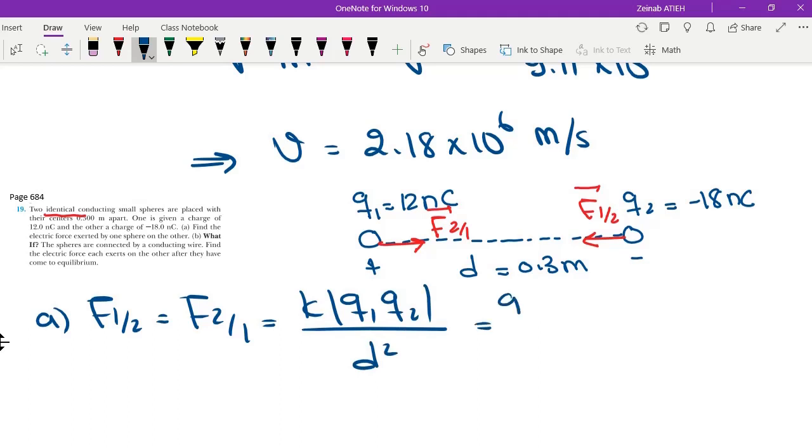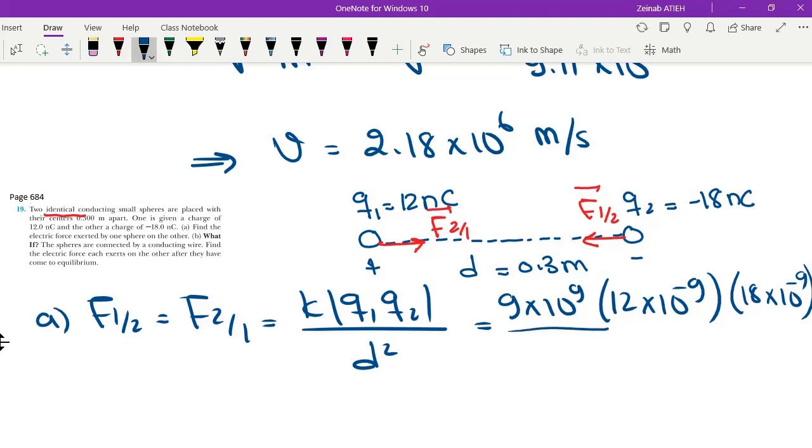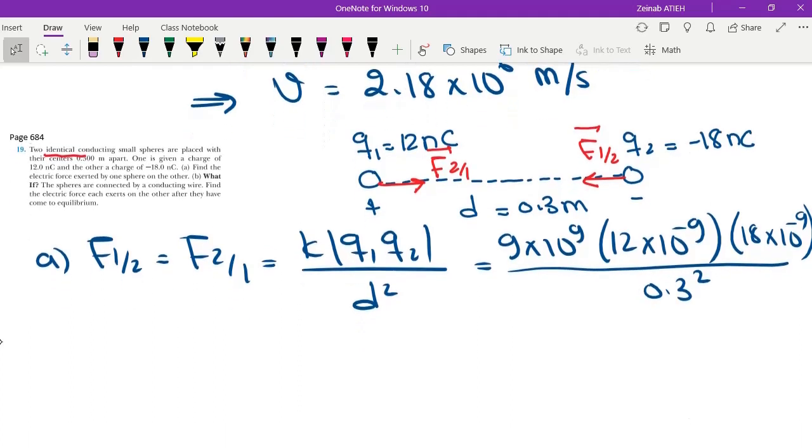So it's 9 times 10 to the power 9, times 12 nano, minus 9, so 18 times 10 to the power minus 9, over 0.3 squared. Okay, all of this will give me 2.16 times 10 to the power minus 5 Newton.